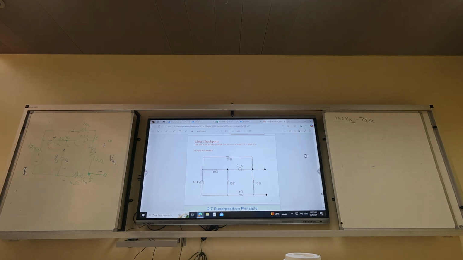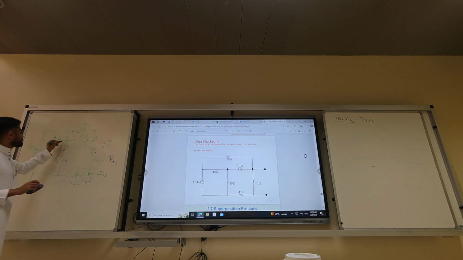This is known, 17.4. This is the ground. Is this the ground? No. So this is a node. This is a node. This is a node. Is there any other node? This one we know it.